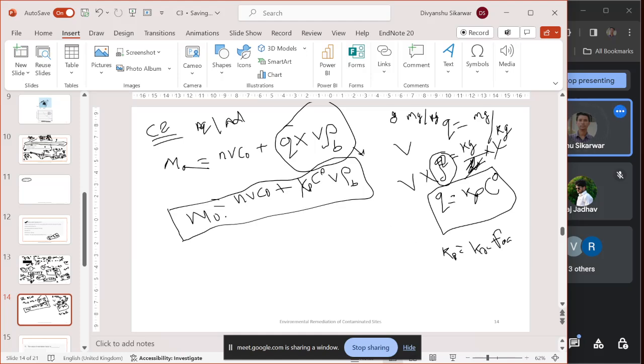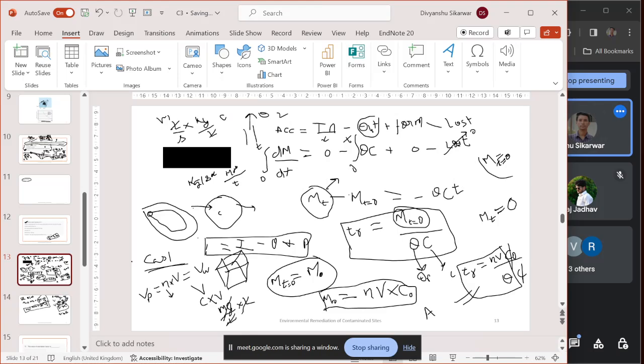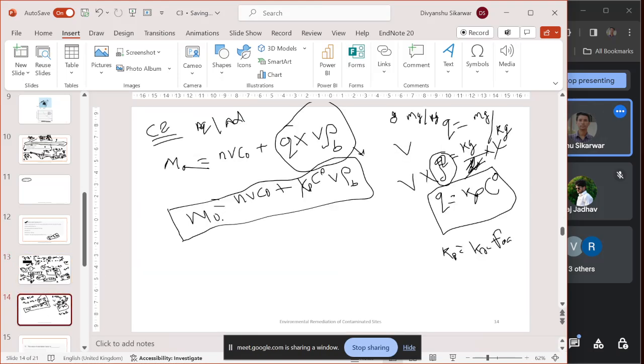Now, in case one, when the contaminant is completely aqueous, there won't be any delay, because as you remove the water, the contaminant will come out. But if the contaminant is adsorbed, in one iteration the complete contaminant won't come out. You have to pump water initially.